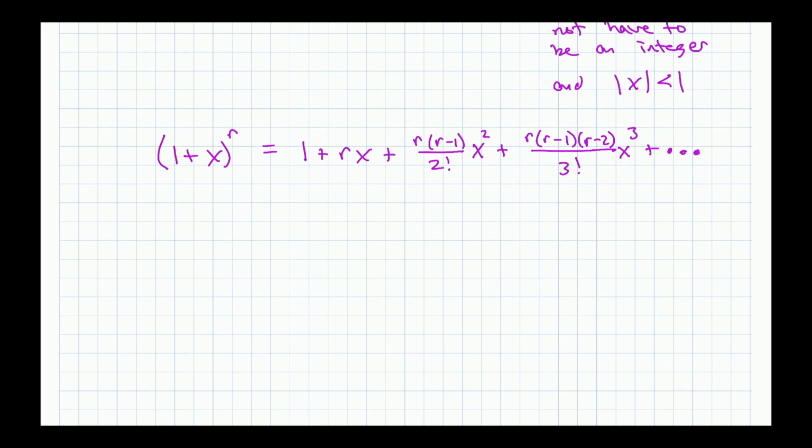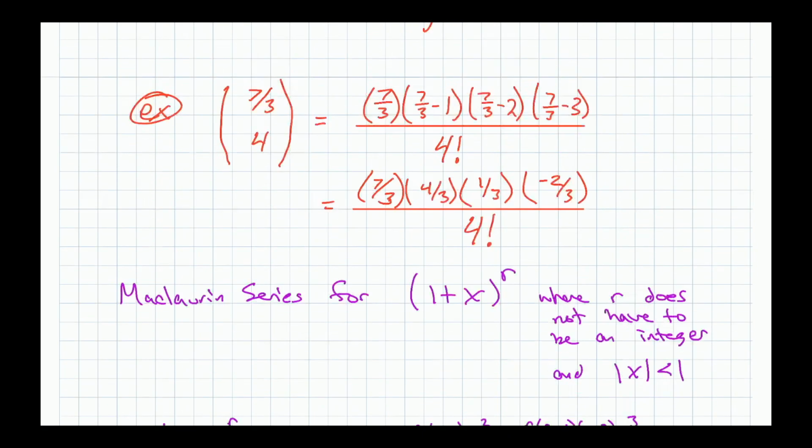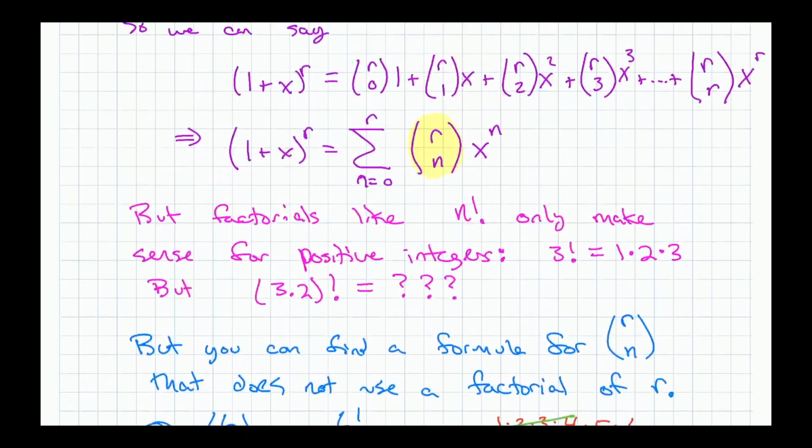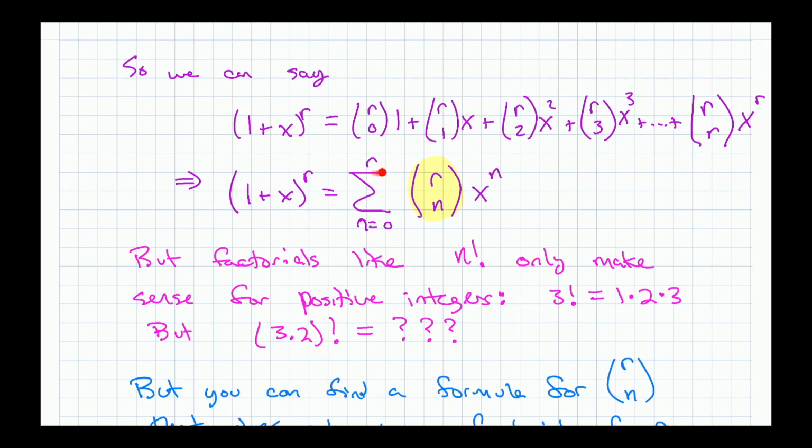And what happens is, if the r happens to be an integer, then at some point one of these will come up 0, right? Like if r is 5, then after the 5th term, you're going to have a 0. And so that just makes the series stop. Because up here, this series was not an infinite series. It stopped at r.